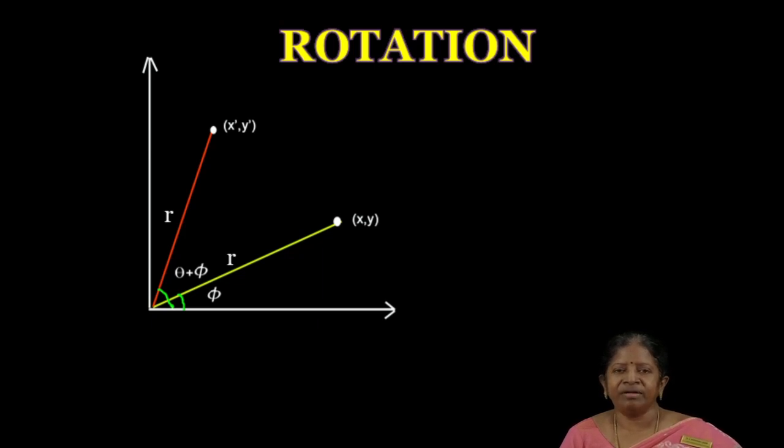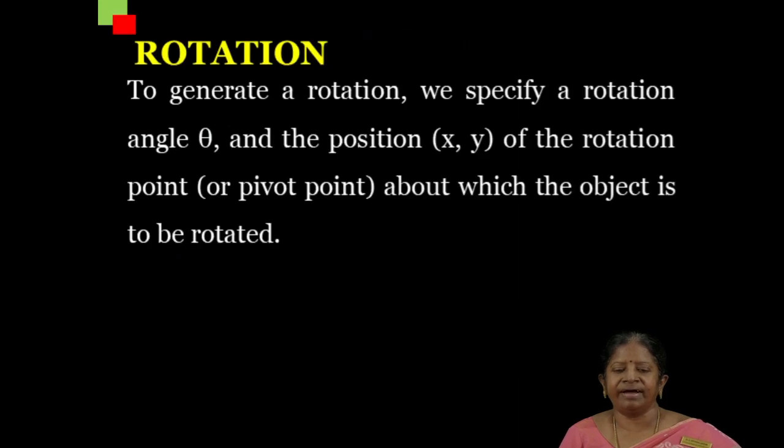The original point is x comma y and the rotated point is x dash comma y dash. The angle by which the object or any point or line is rotated is given by theta. How will you find out the equation of the rotation? Let's move on to the next slide to find that.